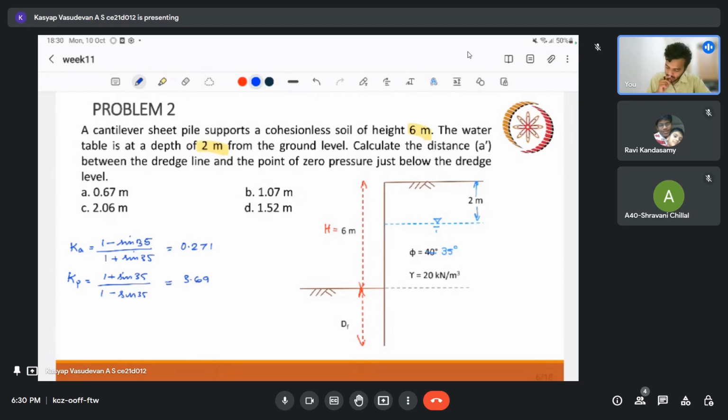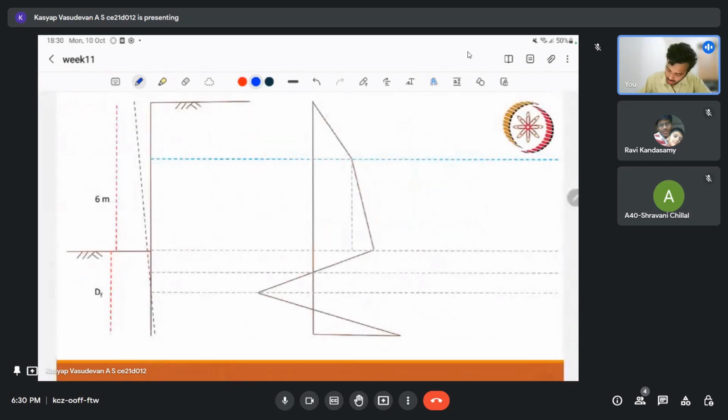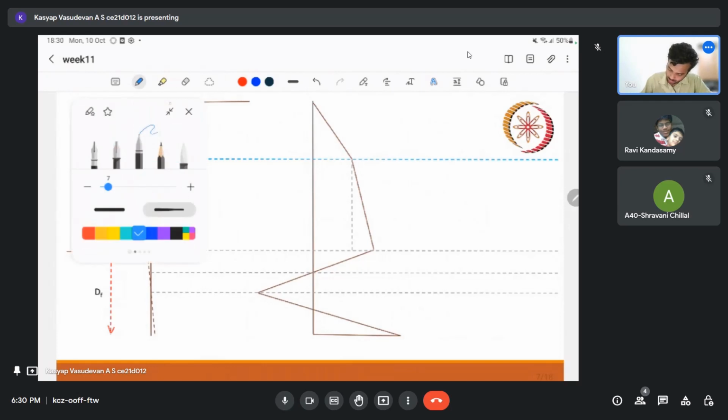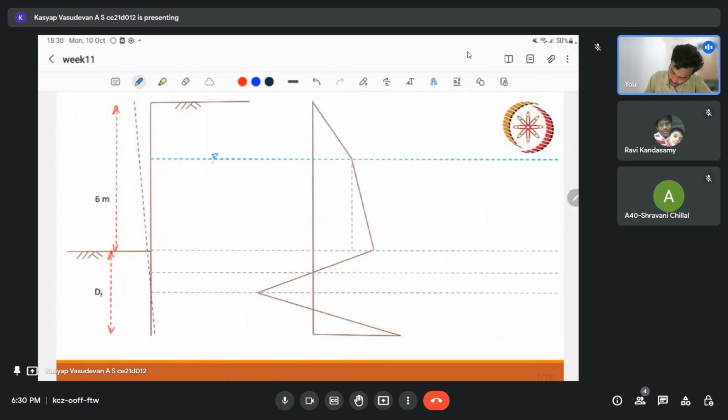So what they are trying to say is, let us say this is our H and this is our Df, and we have the water table here at 2 meter. So this is 4 meter. Our A dash is nothing but this value.